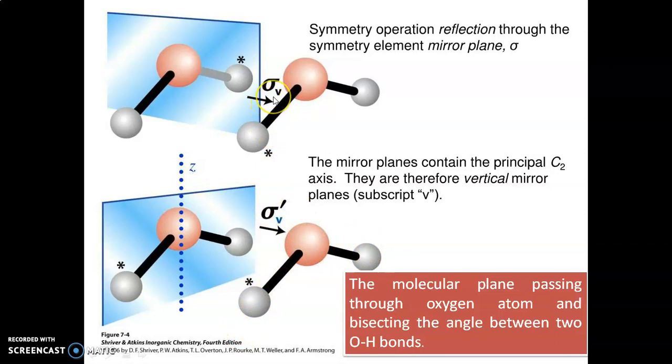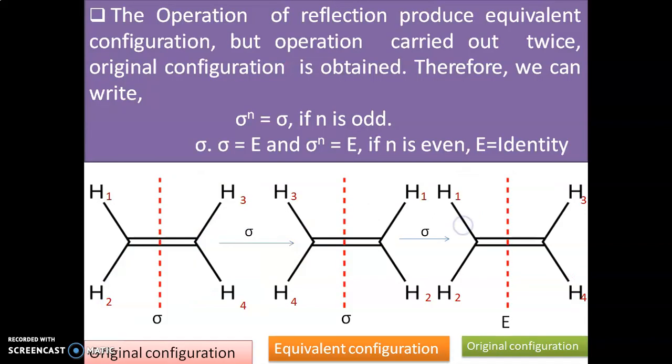Here there are two sigma planes, sigma v and sigma v dash. In the H2O molecule, the molecular plane passes through the oxygen atom and bisects the angle between the two hydrogens.